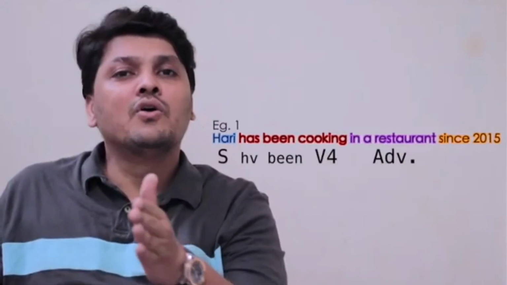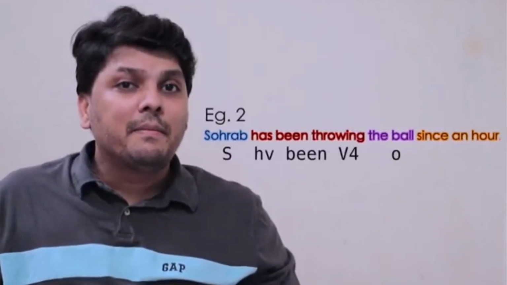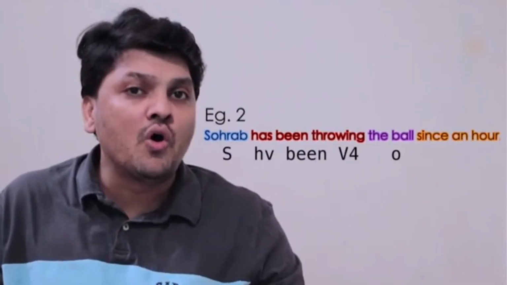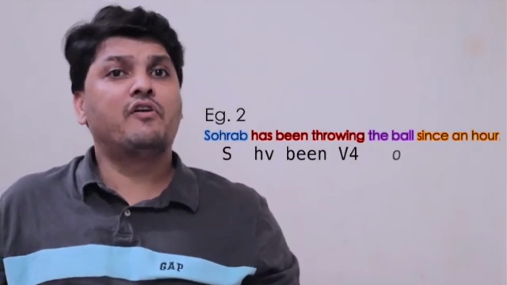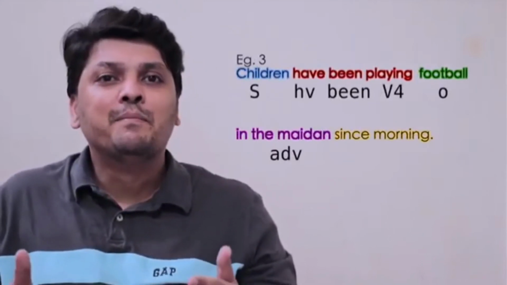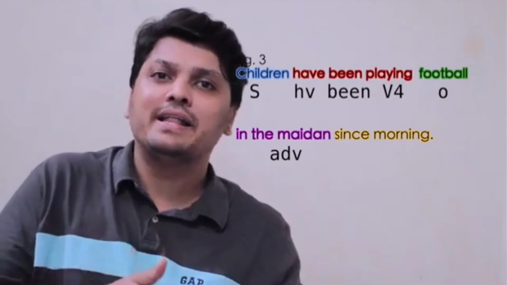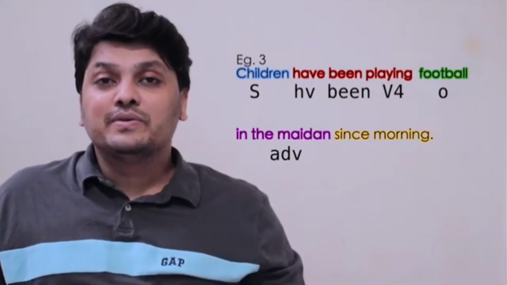So Hari has been cooking in a restaurant since 2015. Saurabh has been throwing the ball since an hour or for an hour. Children have been playing football in the Maidan since morning. So students, these are my present perfect continuous.